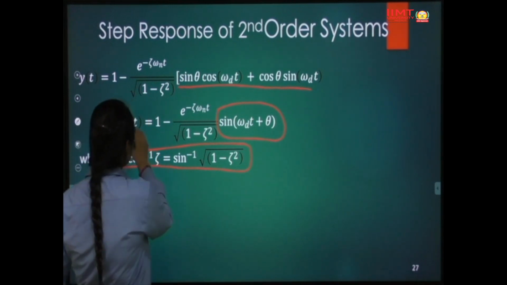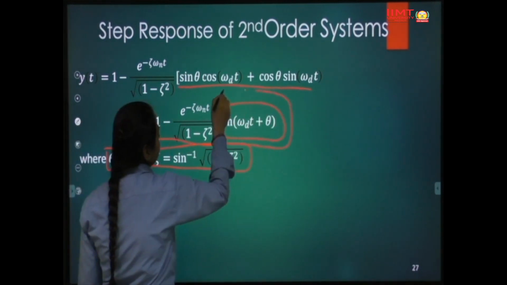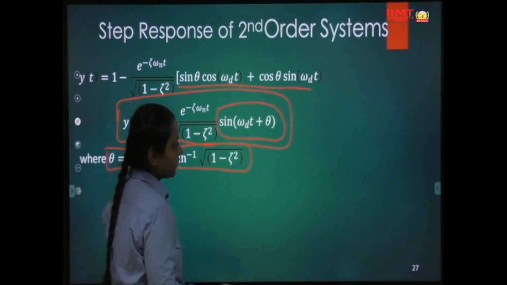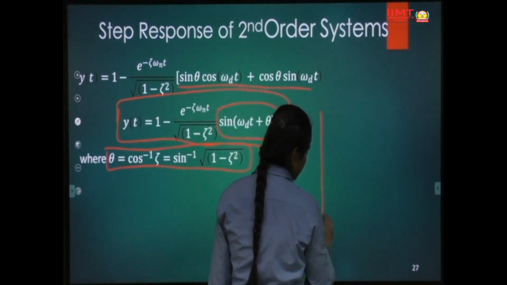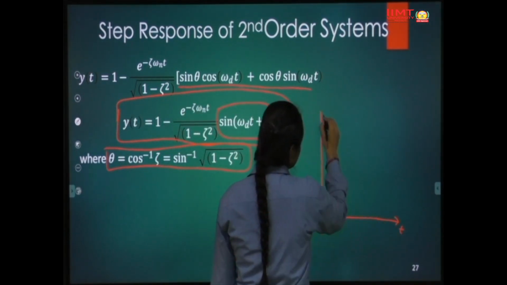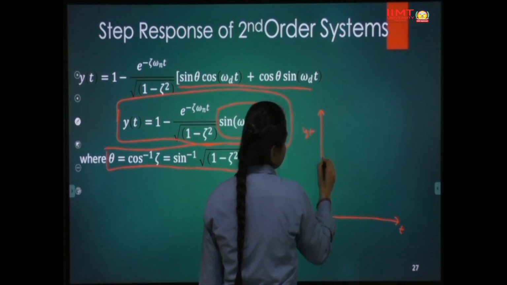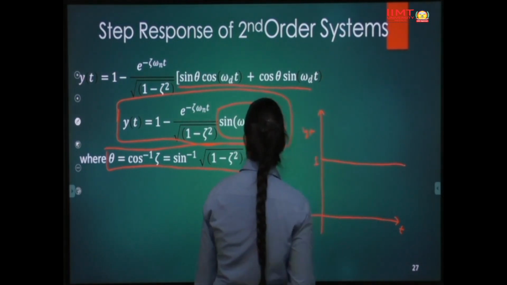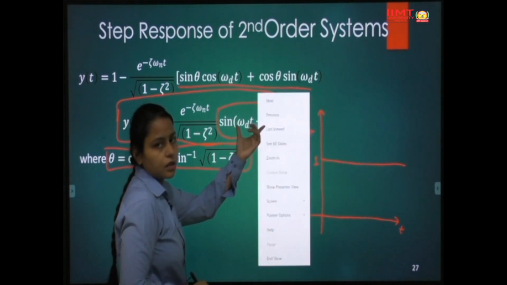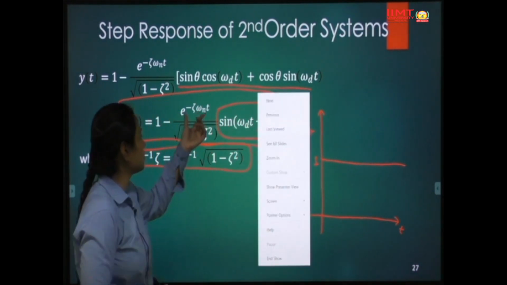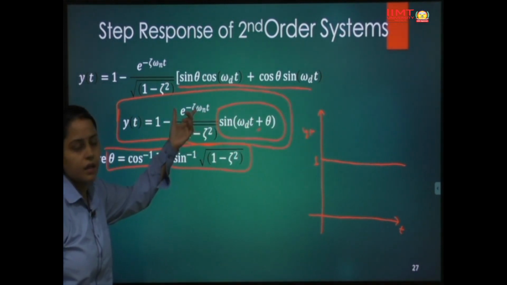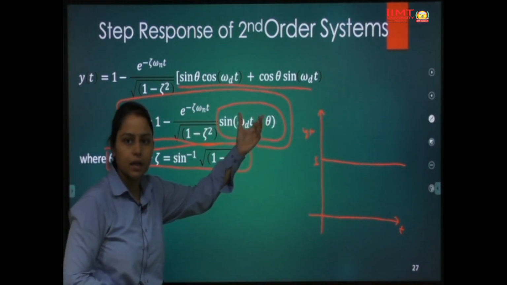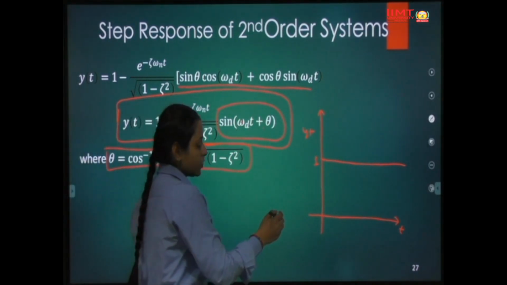So if we draw the response for this particular system, this is t, this is y(t), and this is 1. Because of this sine term we have some oscillations, and because of this e to the power minus zeta omega n t, these oscillations will decay as t tends to infinity.